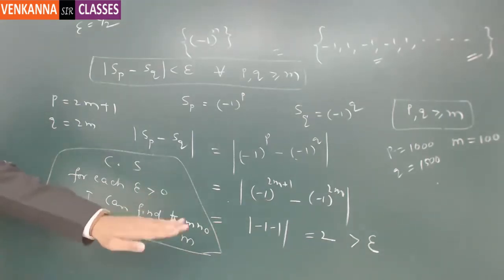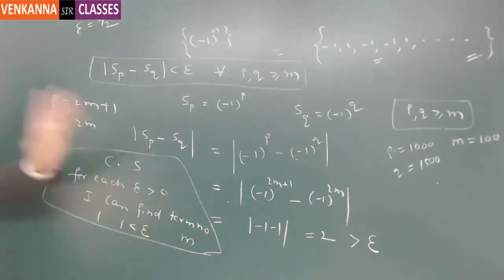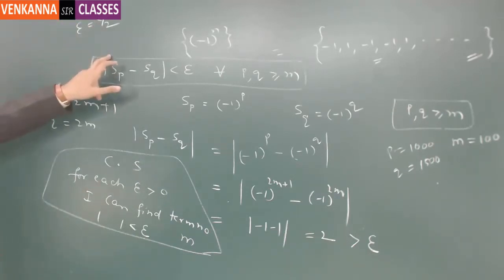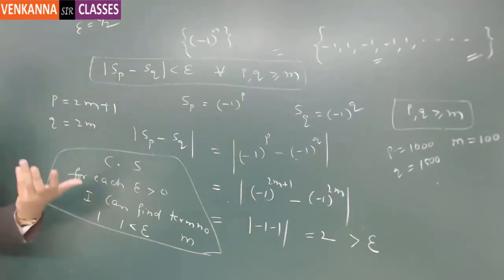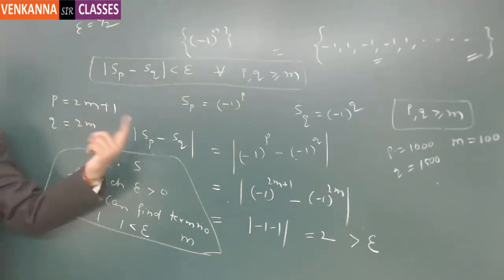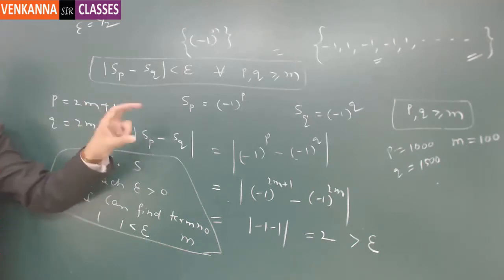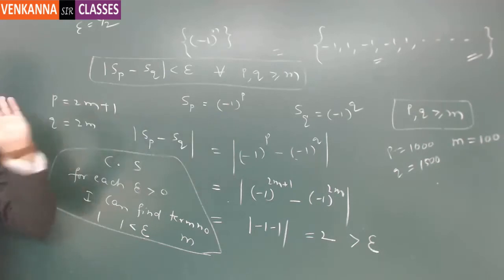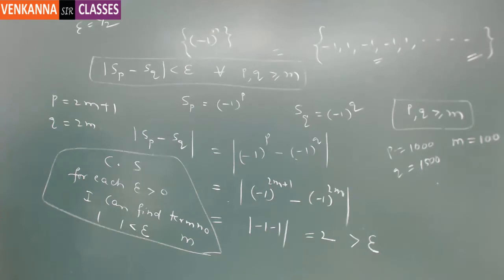So the condition is violated here, so it is not a Cauchy sequence. You can take 1 by 2, 1 by 4, 1 by 8, 1 by 16. Whatever epsilon you choose, I am able to find two term numbers in the sequence such that the difference between the function values is bigger than epsilon. So it is not a Cauchy sequence. I think it gives clarity over how it is not a Cauchy sequence, right?